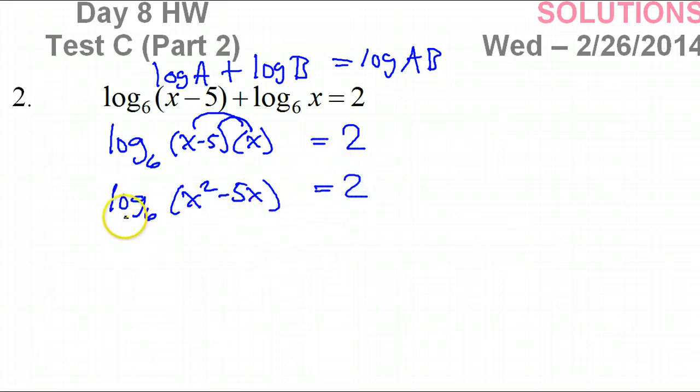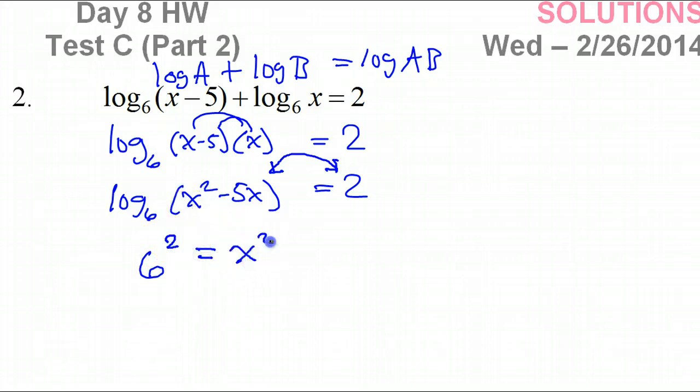Now, when the log is only on one side, and we don't have like bases, we need to rewrite this in exponent form. So in exponent form, starting with the base of 6, bring that down. No more log because it's exponent form. Now these two parts will trade sides. So the 2 will come over here and become a power.